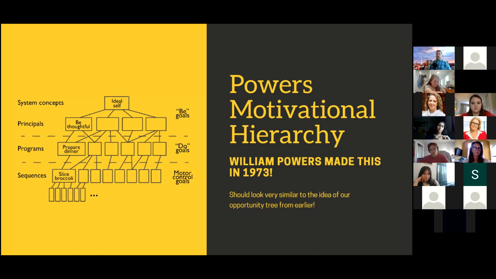And then to do those different things, I actually have to go out and approach a series of tasks, right? To prepare dinner, I have to slice the broccoli, I have to cook the broccoli. One of the things we have to be very careful about is solving things at the motor control or the do goal level, because those are very fleeting.